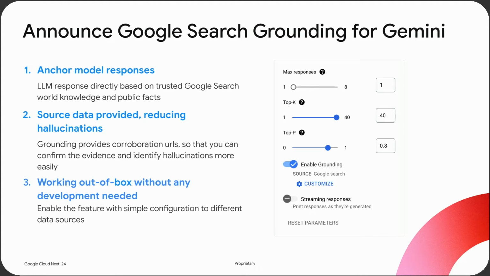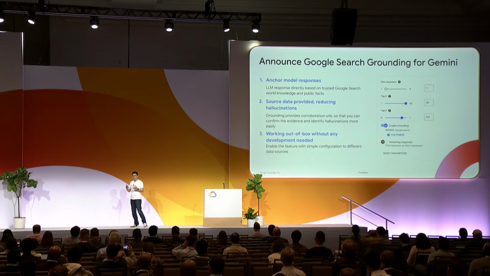For developers, you can simply go to our UI, AI Studio, and there's a toggle called enable grounding. When you enable this feature, by default, we give you access to Google Search as the source. When you send a request to our LLM, we give you a grounded response together with the citation source to help you reduce hallucination, and also help end users verify and confirm the evidence.